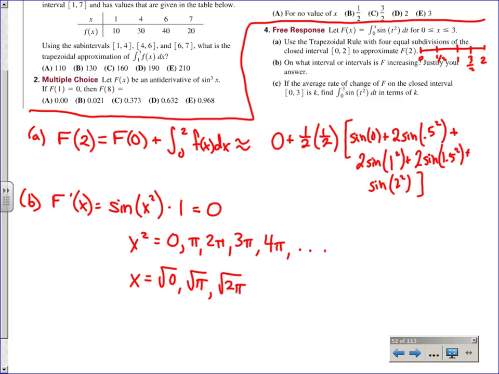Square root of 6-ish, is that okay? Why am I going to come here and then all of a sudden say, whoop, I'm done? Because 3 times pi is more than 9, and more than 9 is more than 3, square rooted, right? We have to be able to do at least a little bit of mental math. So now what?